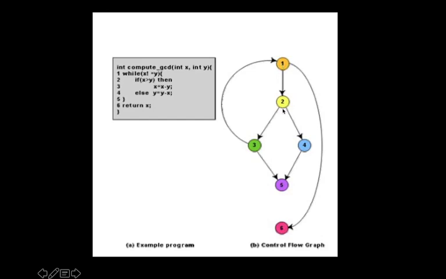The second path is 1, 2, 4, 5, 1 and 6. Then a third path is 1 to 6, from start to end. But 1 to 6 is already included in the previous two linearly independent paths, so that path is not linearly independent. So we have only 2 linearly independent paths in this GCD computation.